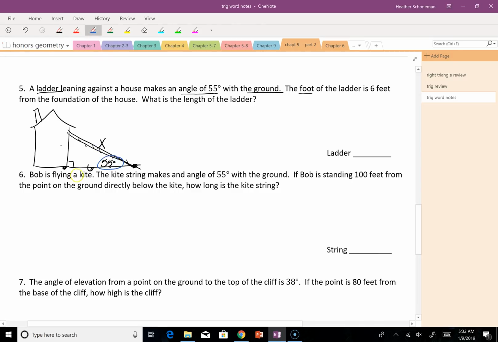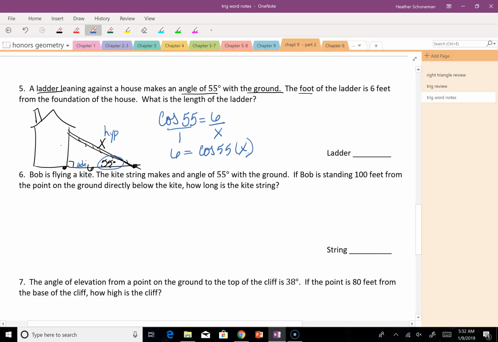So looking at 55, 6 is adjacent, and x is hypotenuse, which is cosine. So we have the cosine of 55 equals adjacent 6 over hypotenuse x. Okay, now let's practice putting these in our calculator. Think about this for a second. This is going to be a proportion. You cross multiply. So you're going to have 6 equals the cosine of 55 times x.